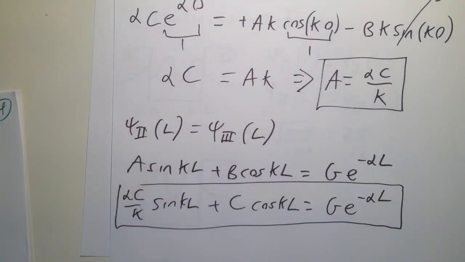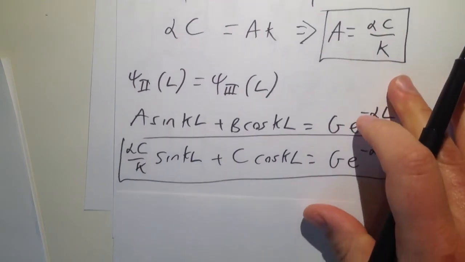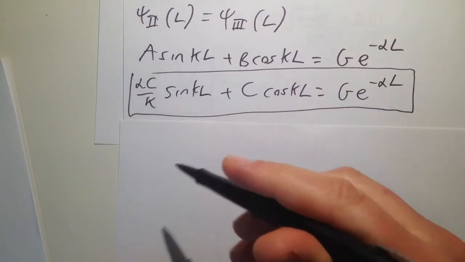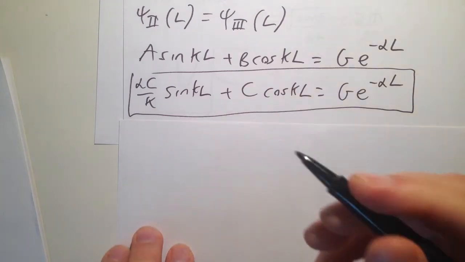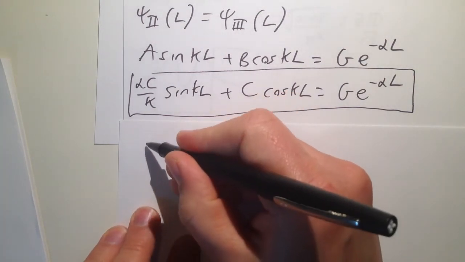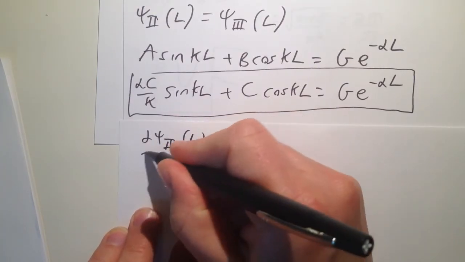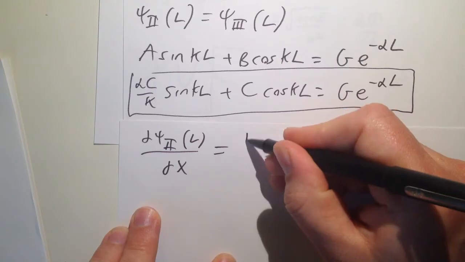And then let's write down our last boundary condition. Our last boundary condition is that the wave function must be smooth at x equals L, or that is, that the slope must be the same on either side of the boundary.